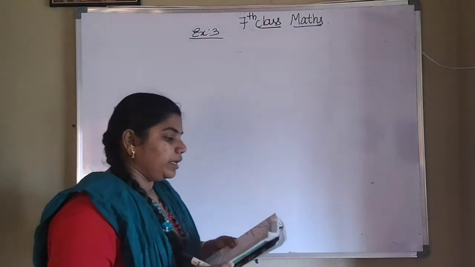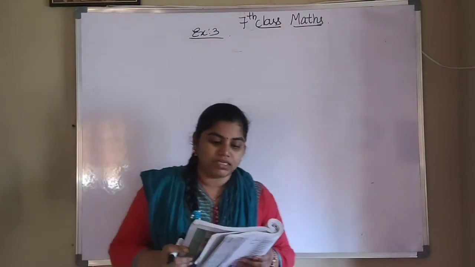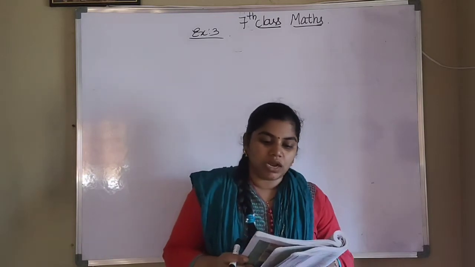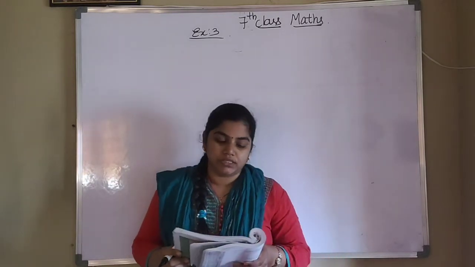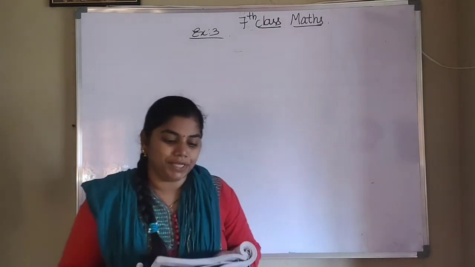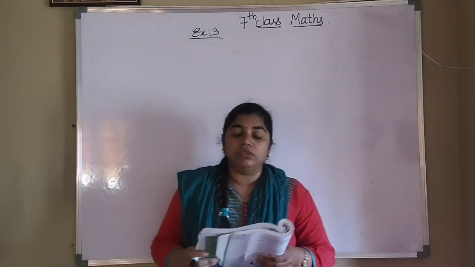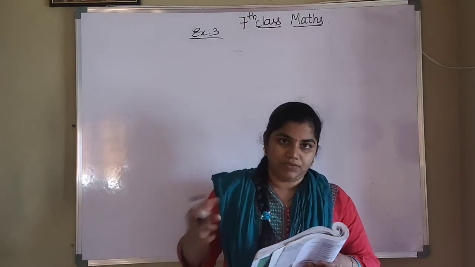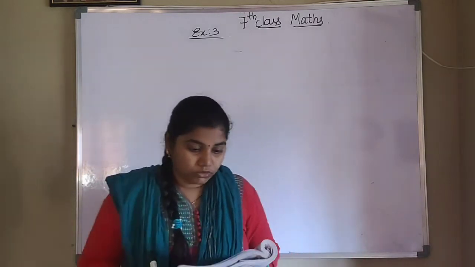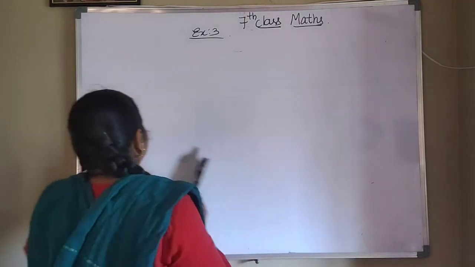In the following pairs of triangles, find the pairs which are congruent. Also write the criterion of congruency. We have to find which pairs are congruent to each other, and also write which congruency we are applying there. Okay, so first one.